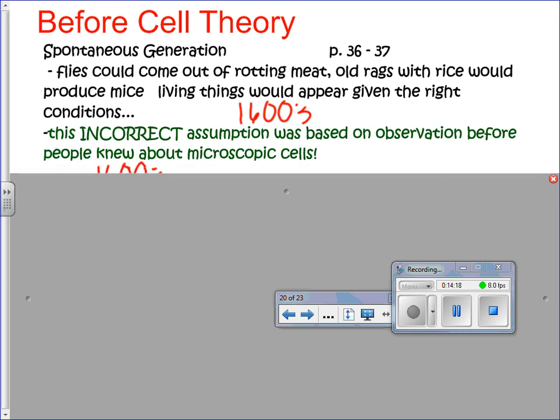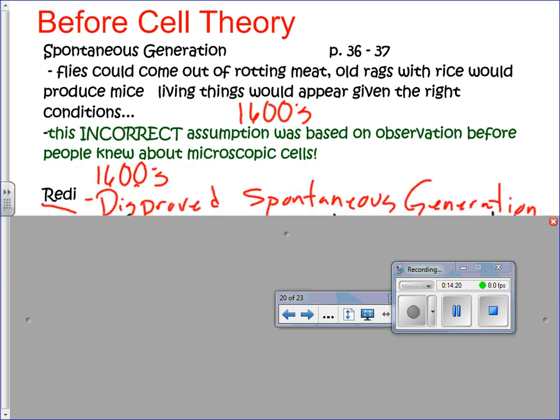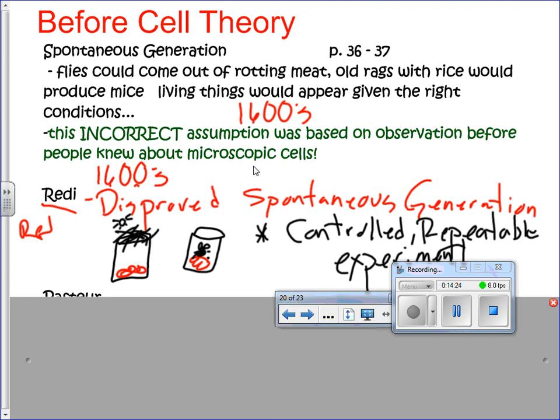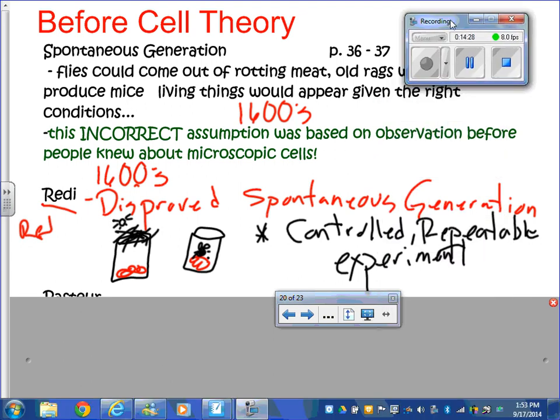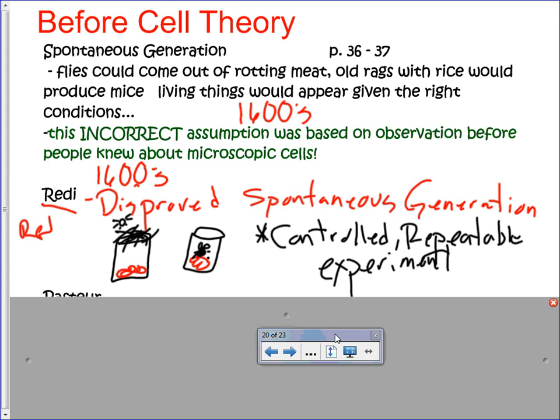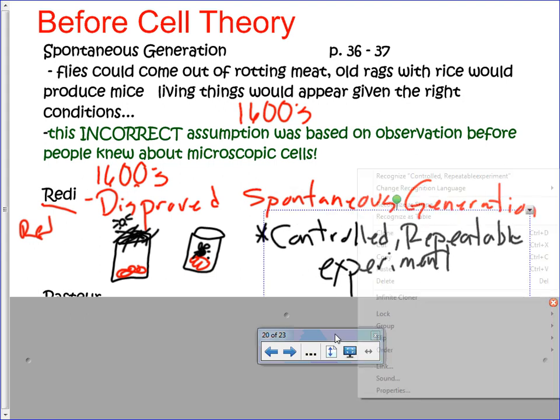Okay? All right, so then Francesco Redi, as the group just explained to us, he disproved spontaneous generation. And the second thing he did that was so important is he didn't just say, hey, that's not right, because I know it's not. He actually had a controlled, repeatable experiment.